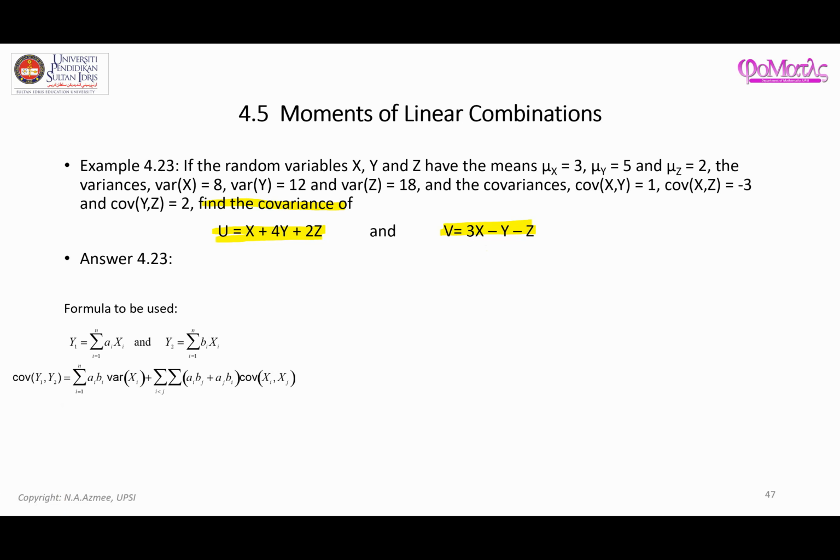So u is 1 times x plus 4y plus 2z. That's the first linear combination. Next, v is equal to 3x plus negative 1y plus negative 1z.